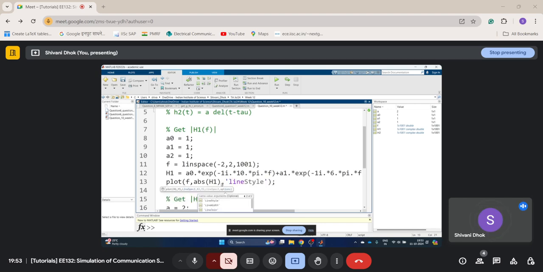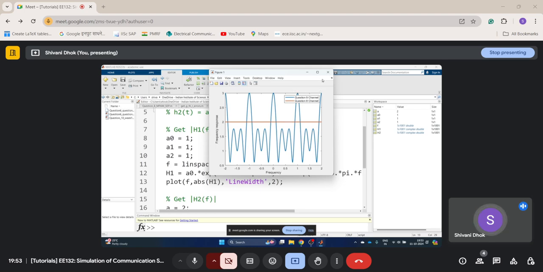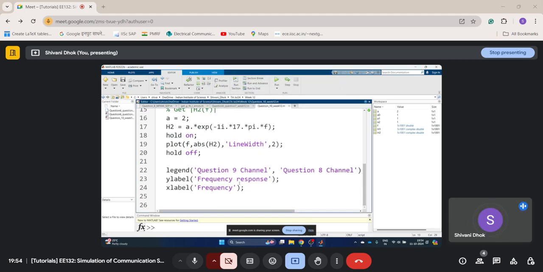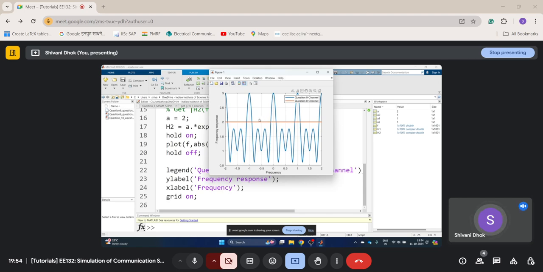Okay, so let me run this now. So this is something that I'm getting. Let me put on grid. Okay, so now if you observe here, for question 8 channel it is constant, but for question 9 channel it's varying with frequency.